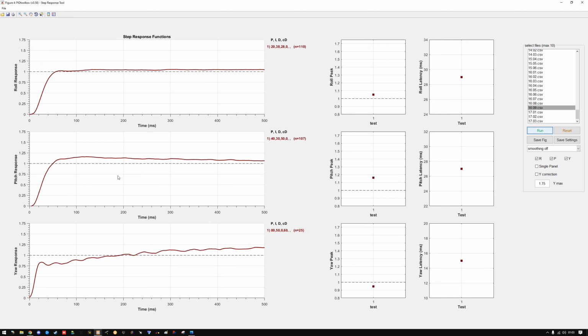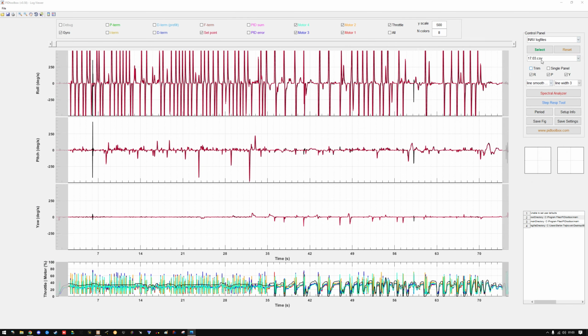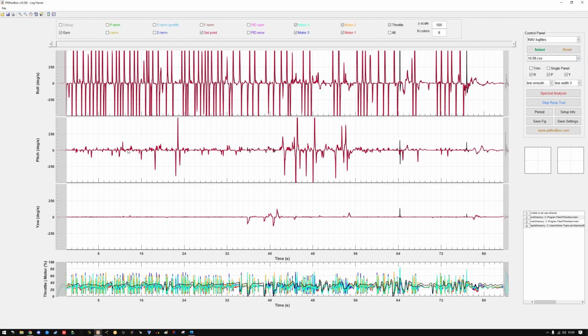Please ignore the pitch axis, because if we just quickly close out of that and have a look at 16.9, you can see that I'm not really doing anything in pitch. So all that this is showing you right now is kind of like an error, really. I've only done a couple of pitch movements, but most of the stuff is in the roll. You can clearly see that there is a lot of data in the roll. You can also see examples of when I touch the ground, because the gyro is all over the place and it's trying to overcorrect, and weird stuff happens.